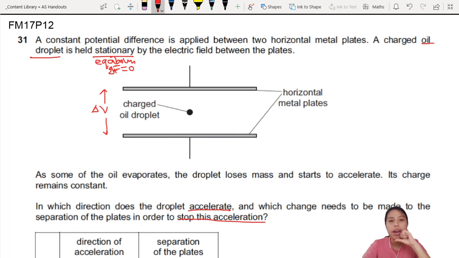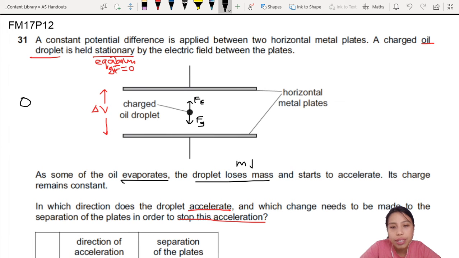Let's look at the acceleration part first. If I redraw this particle, if it's held at equilibrium, then the upward electric force is equal to the downwards gravitational force, right? But then, as it evaporates, it loses mass.